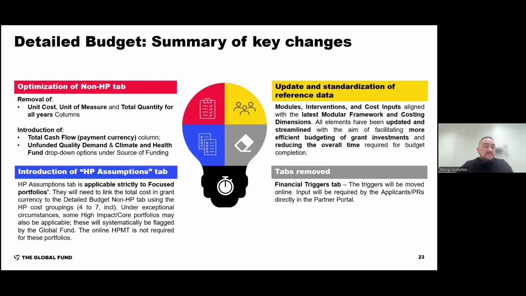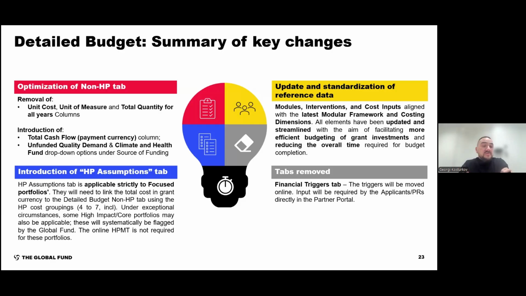In GC7, there are three columns, namely unit cost, unit of measure, and total quantity for all years. The experience is that since the budgeting happens at module, intervention, cost input, and implementer level, most of the budget lines contain different types of activities.